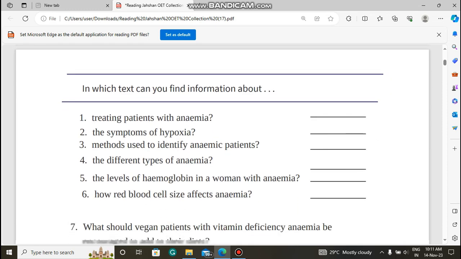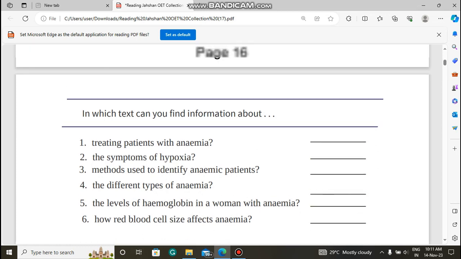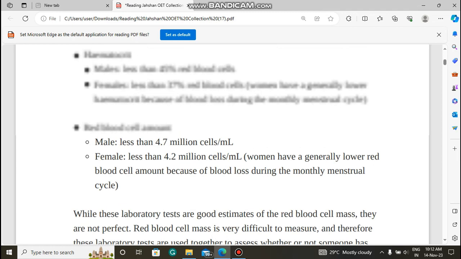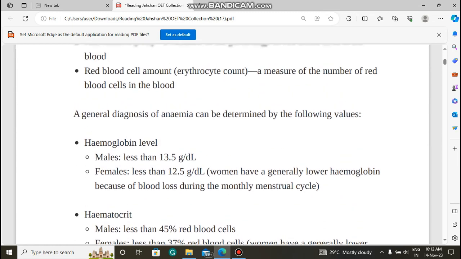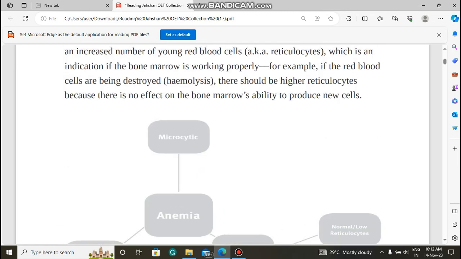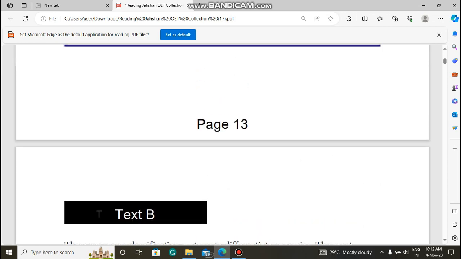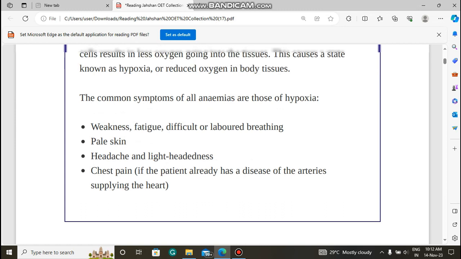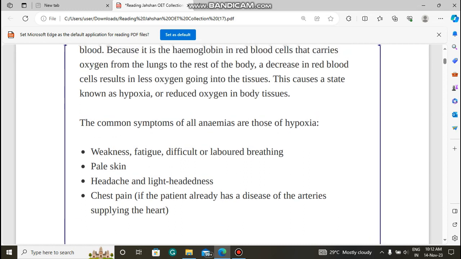The symptoms of hypoxia. Here hypoxia is a proper noun and you can get the same word in the passage. Hypoxia. Question number 2. Now let's see if we have come across this word hypoxia. We will have to check each paragraph. It should be the skim and scan method. That means you will have to just go through the sentences, not read each and every sentence.